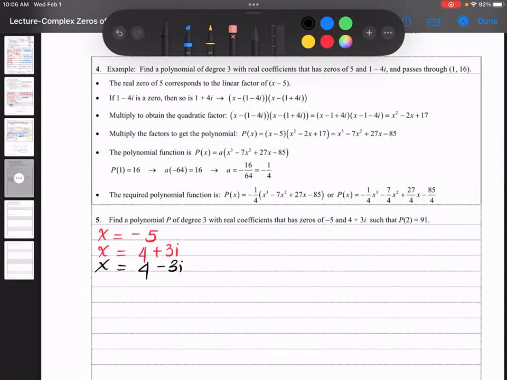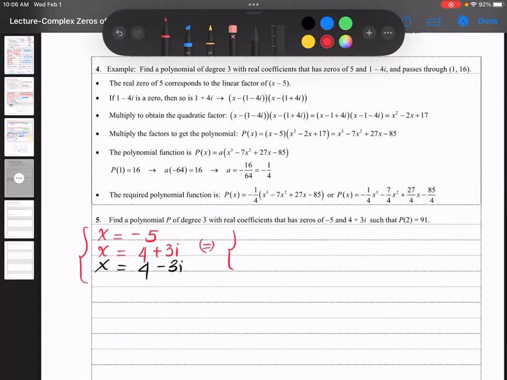And you guys remember what we did last time? These are zeros. I want factors, so what do I do? Subtract. Move everything to the left so the right-hand side is 0.